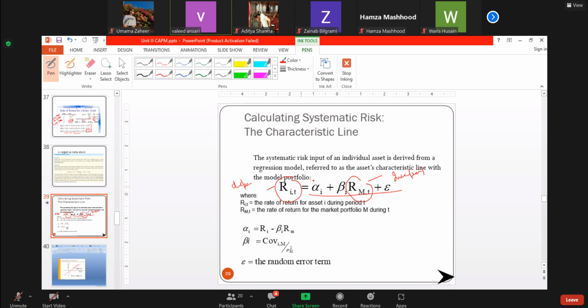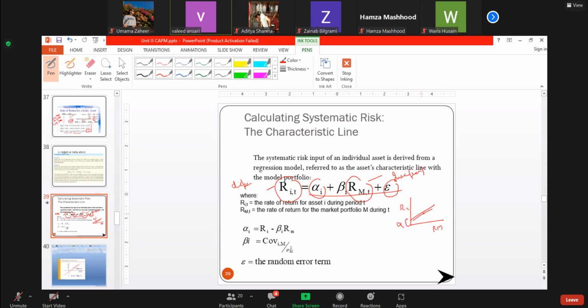And this is the intercept, and this is the unexplained variation. If you have done regression in the first year, you must know that when we do this there is an intercept, like if you draw a line. This part is called alpha, and if you run a regression of the return on security on the return on market, it will be like this.